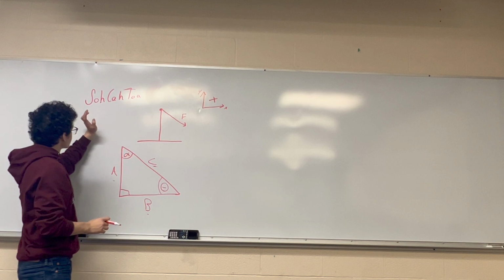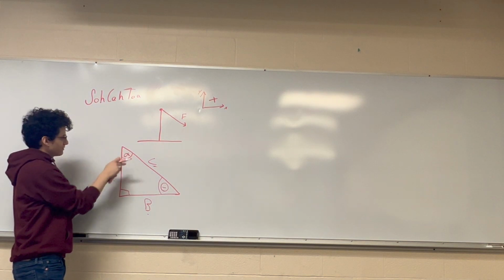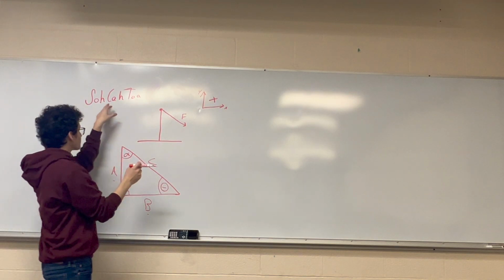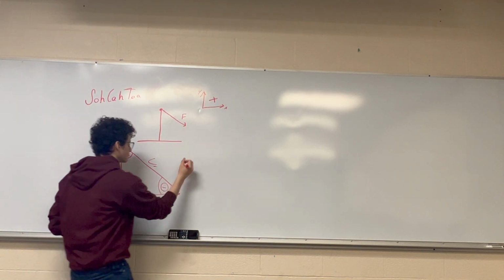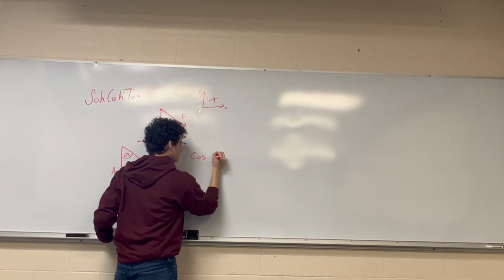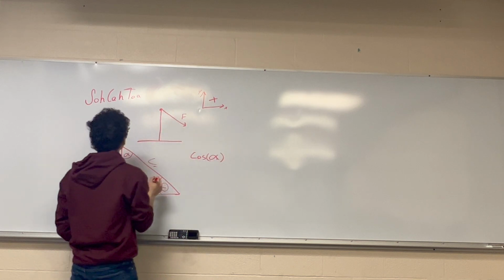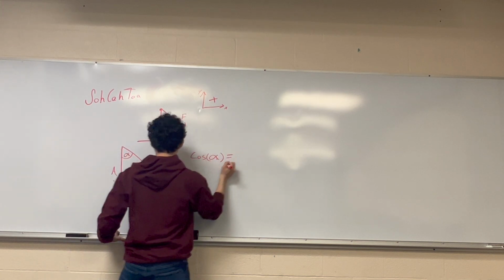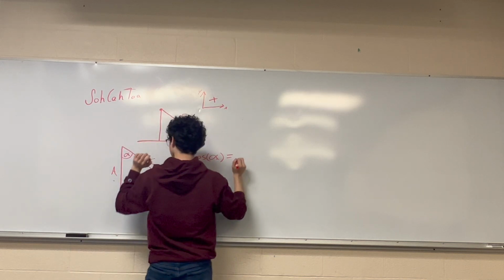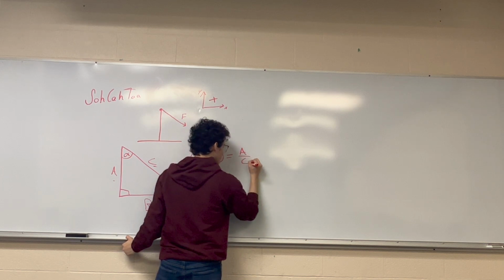The side adjacent to alpha is A. So we can use the CAH in SOHCAHTOA to find that cosine of alpha is equal to A over C, okay?